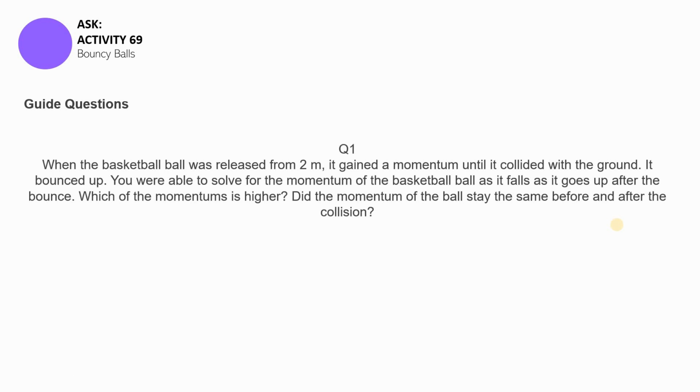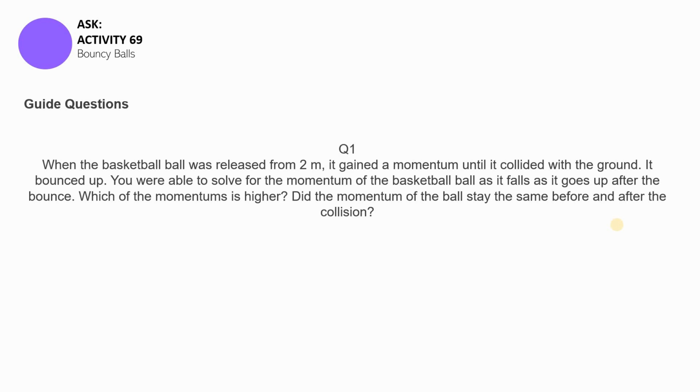Question number 1. When the basketball was released from 2 meters, it gained momentum until it collided with the ground. It bounced up. You were able to solve for the momentum of the basketball as it falls and as it goes up after the bounce.